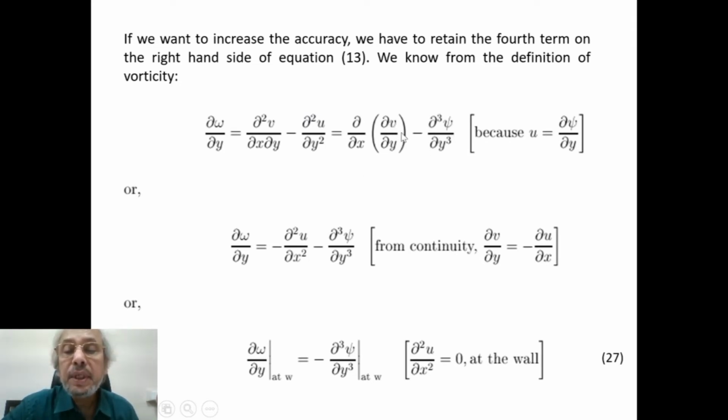Here del v del y can be substituted by minus del u del x, so we get finally minus del 2u del x 2 minus del 3 psi del y 3.